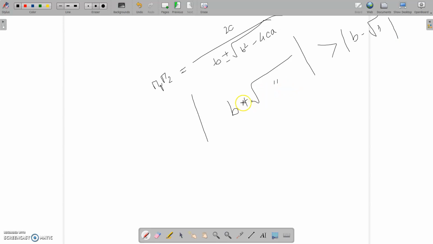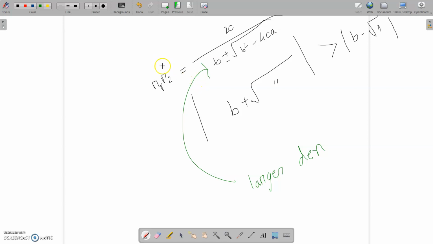Simply put, I want to take the larger denominator. So whichever one is larger, b plus or b minus, I will take that value.